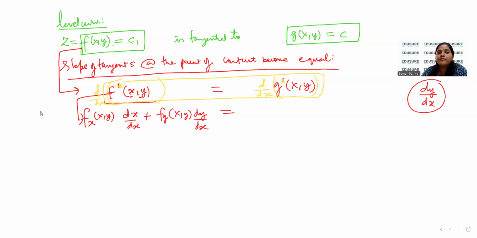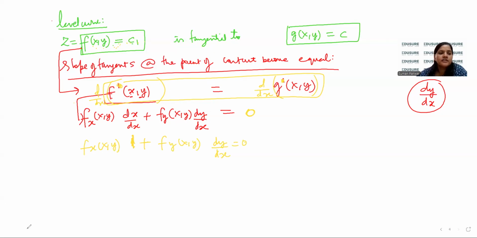So if we differentiate both sides with respect to x, this is equal to 0. So fx(x, y) times 1 plus fy(x, y) dy by dx is equal to 0.